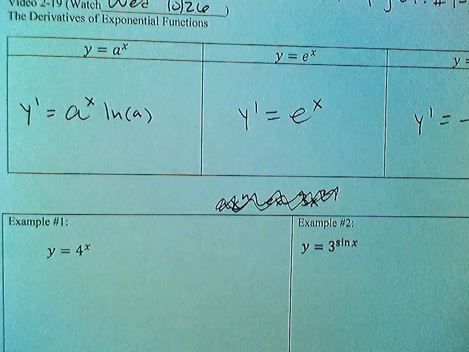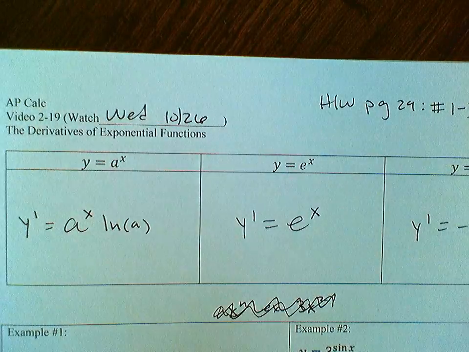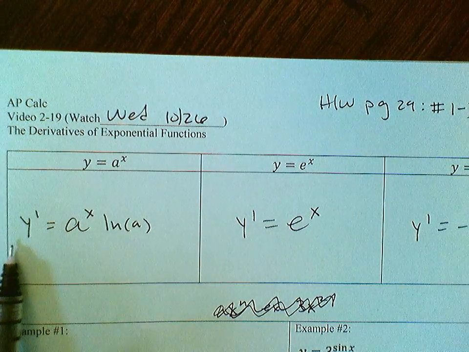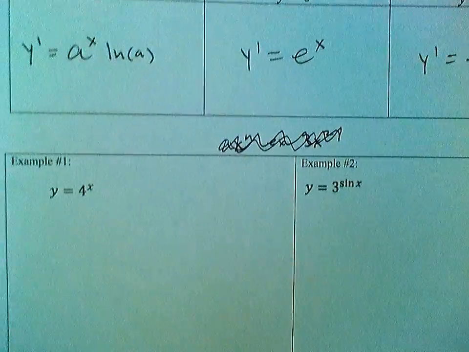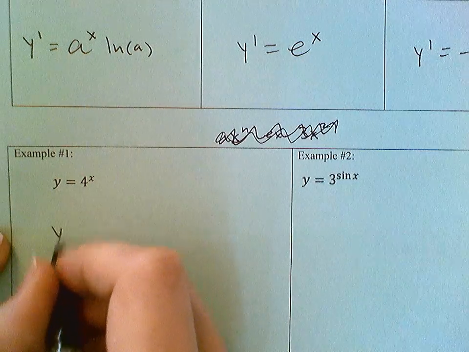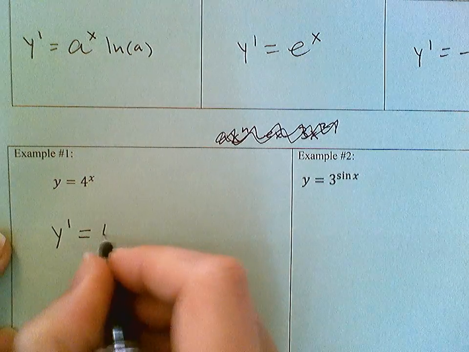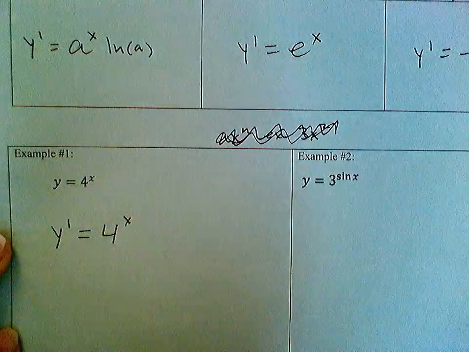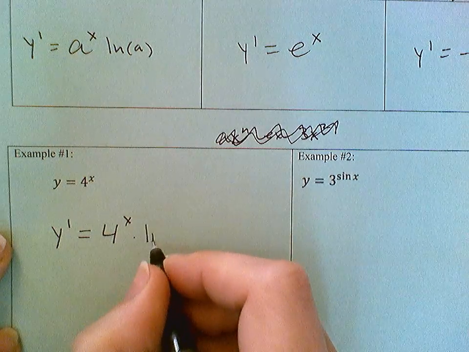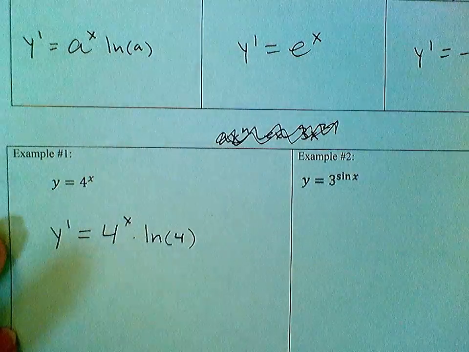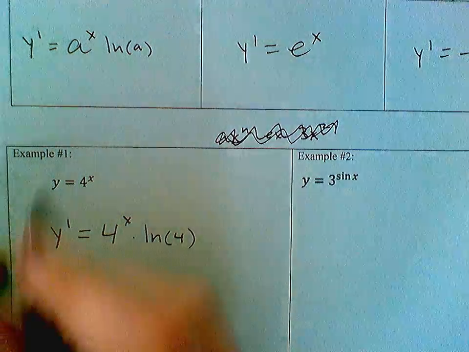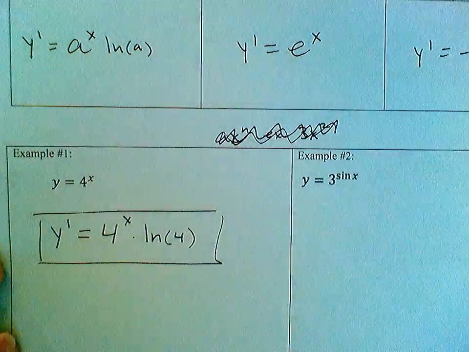You have to remember that if you have a function of this form, its derivative is of this form. So I just remember that, and then I get that y prime equals 4 to the x, same as the normal function, times natural log of 4. Okay? So just like that for example 1.